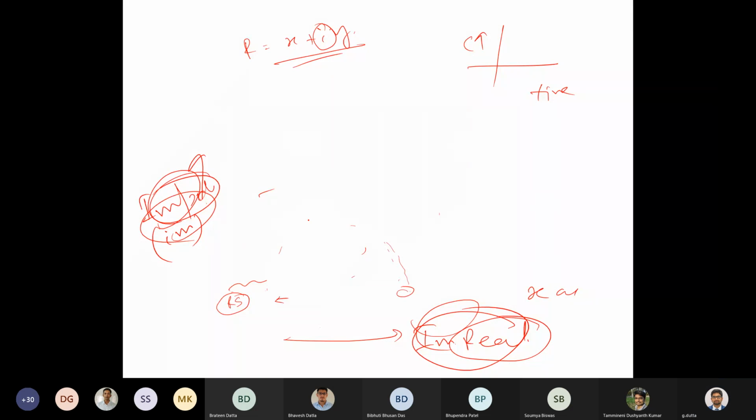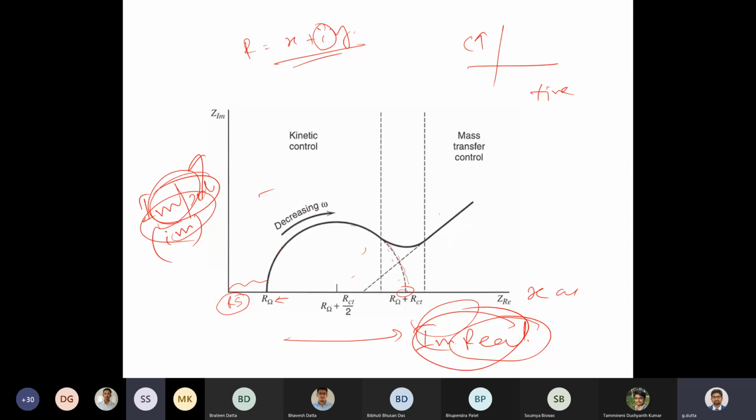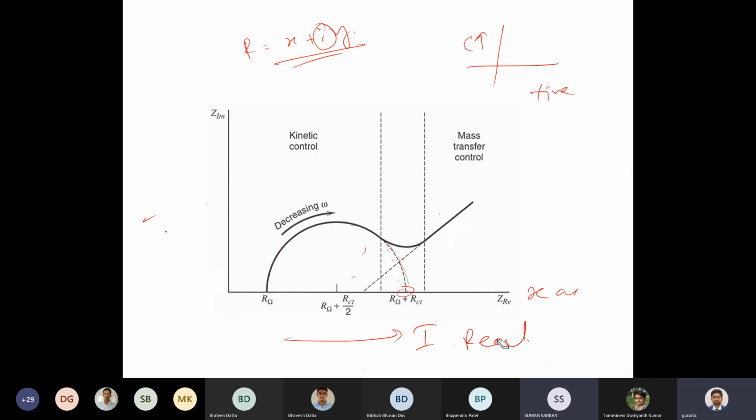Sir, previous slide. Yes, tell me. Sir, R ohm, what is R ohm resistance? So this one? This is the R, which is equal to the RS, the solution resistance.